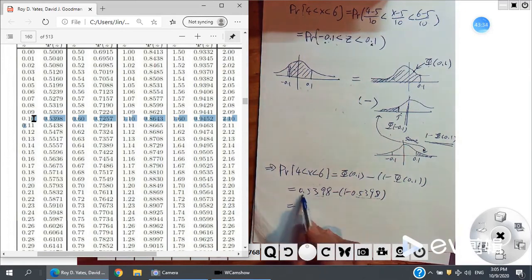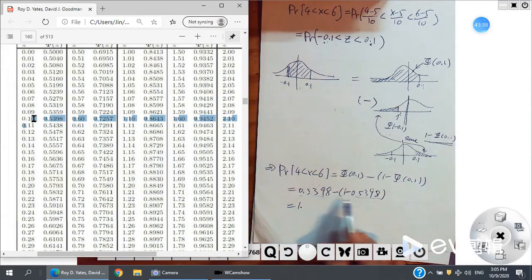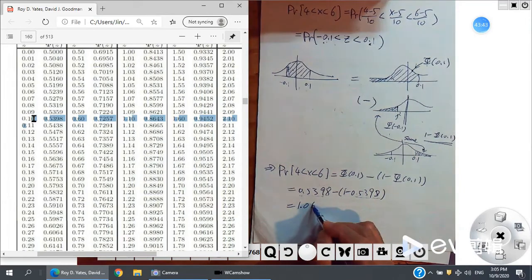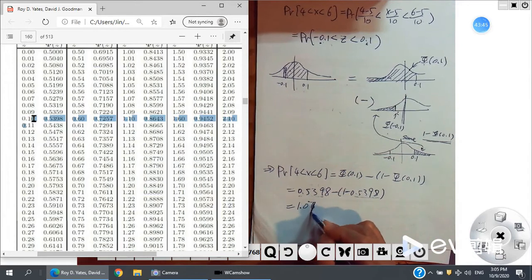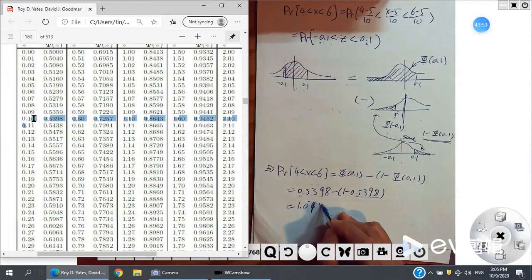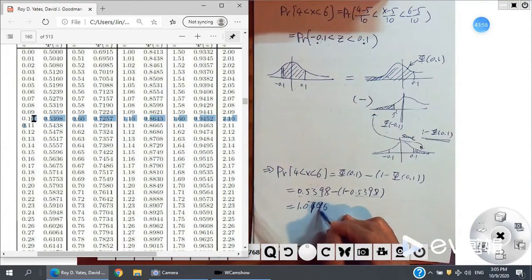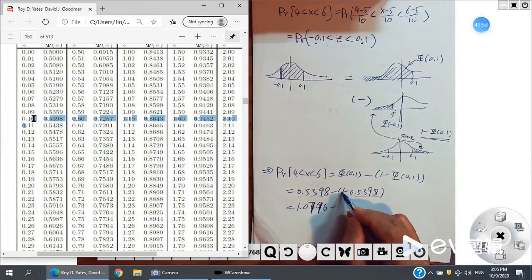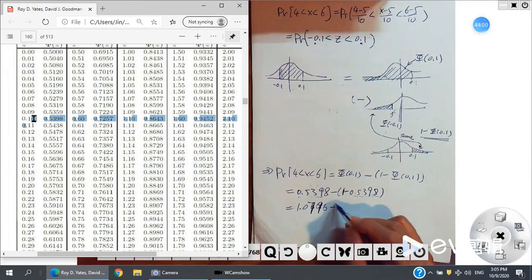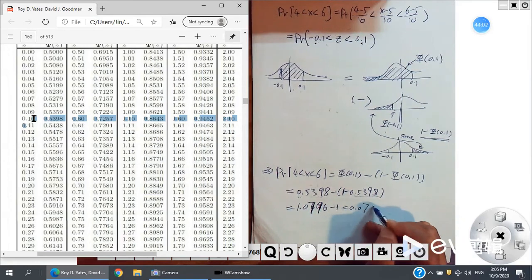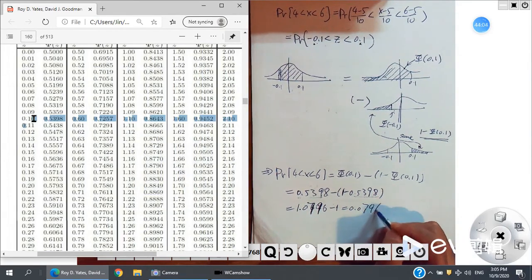I do the summation first. 5, I get 1. 3, I get 6, but should be 7, right? Because 9 plus 9 is 18, coming up 1. 9, I have 18 coming up, and 8, I have 16. So it's this one. Okay, and minus 1, then this is 0.0796. All right.